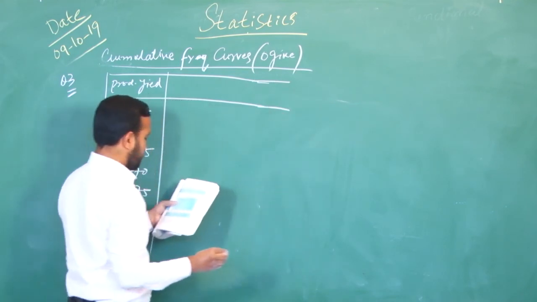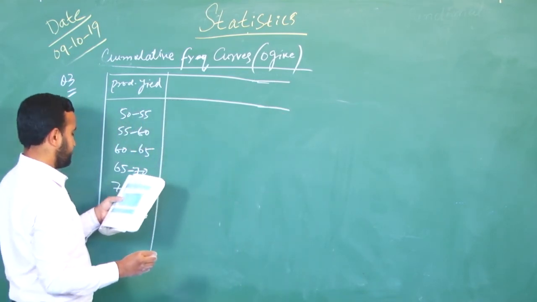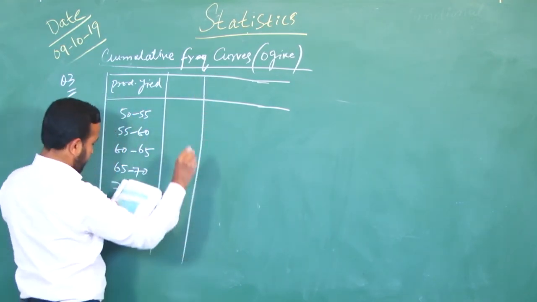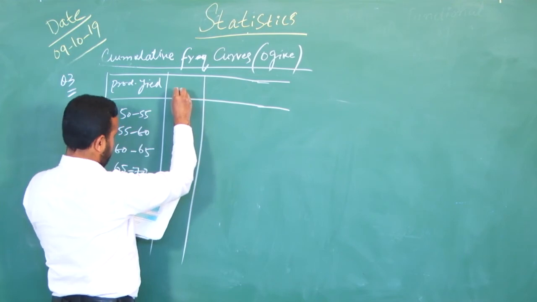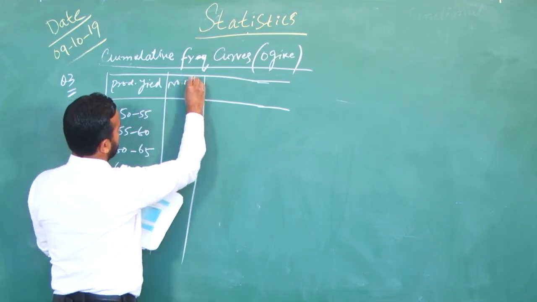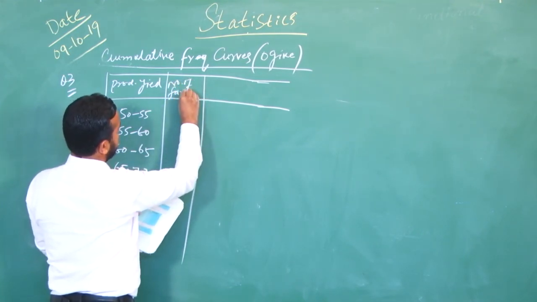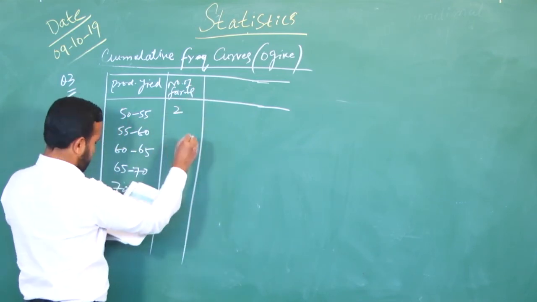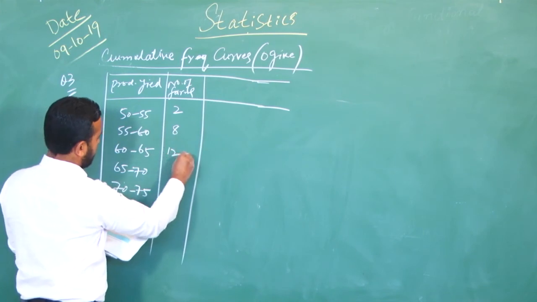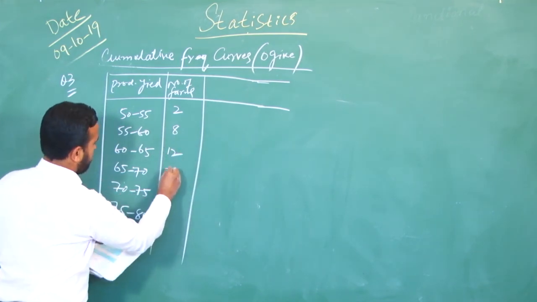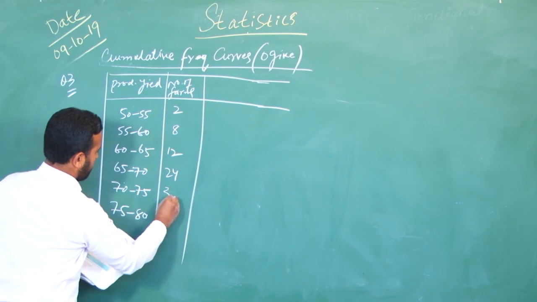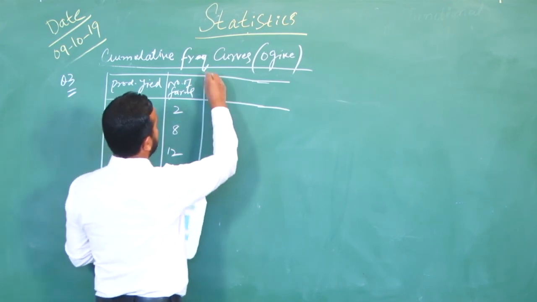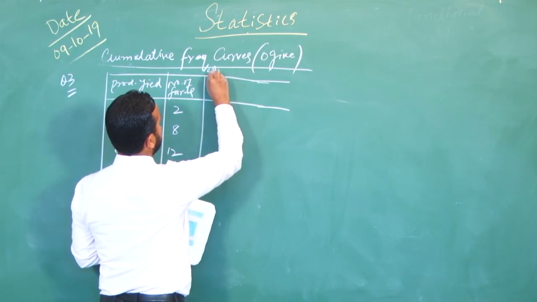Since we have to convert this to the more than type, I will write here the frequencies, the number of farms, that has also been given. The number of farms here is 2, 8, 12, 24, 38, and 16.